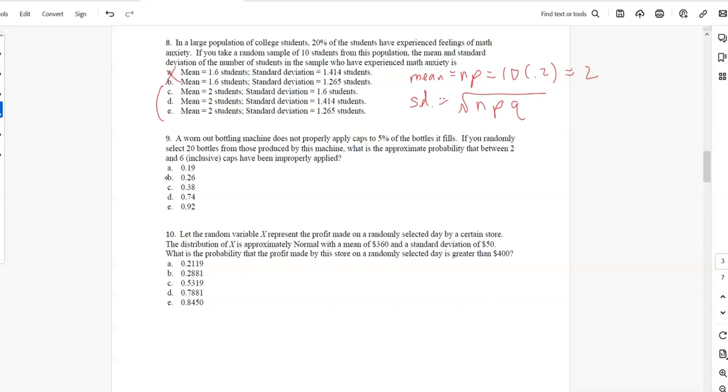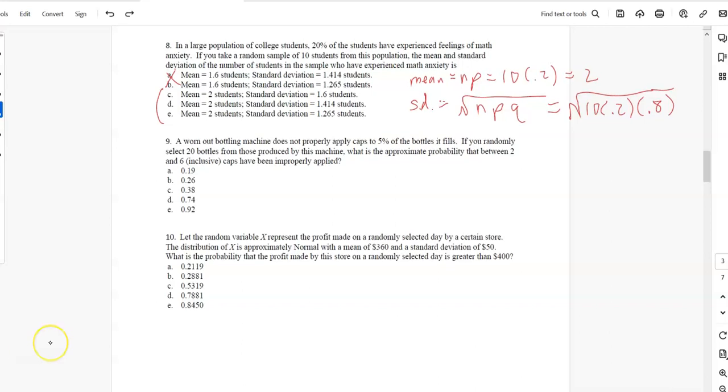So get your calculator out and type in square root of n, which is 10, times 0.2, and q is 1 minus p, so 0.8, or the probability of failure. You type that in and get your answer. Okay, so when you type that in, you get E, 1.265 for the standard deviation.